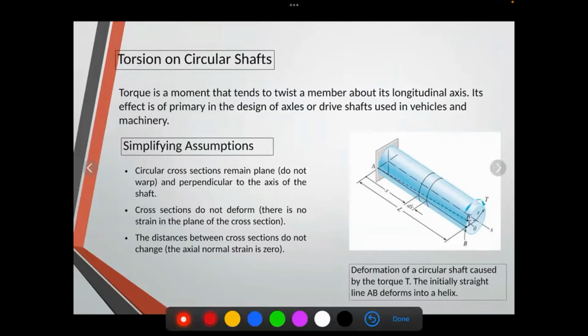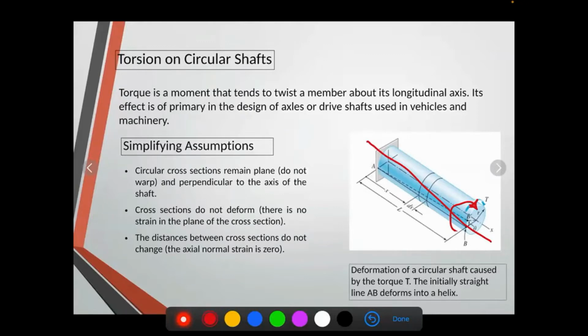Taking this figure as an example, we have here a circular shaft connected here sa natin A. So if an object is subjected to a moment along its longitudinal axis, yung x-axis na ito, tapos nag-apply tayo ng moment along the longitudinal axis, so the twisting of this object is what we call your torsion. So if applied with a moment, ang tawag doon sa pag-twist ng object is what we call your torsion.